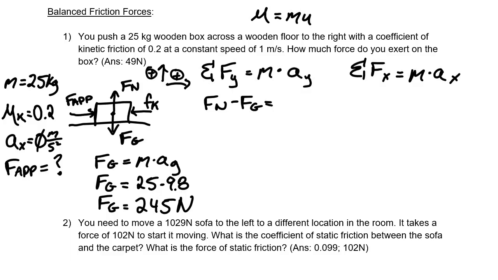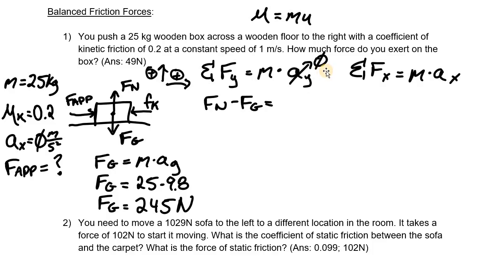And that's equal to mass times acceleration in the y direction. Hey, I have a question for you. Is this object moving up or down at all? Well, no. So what would you say the acceleration in the y direction is? It would be 0, because it's not moving up or down at all.